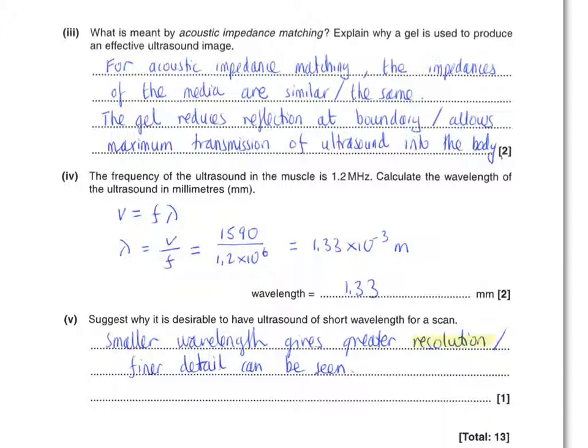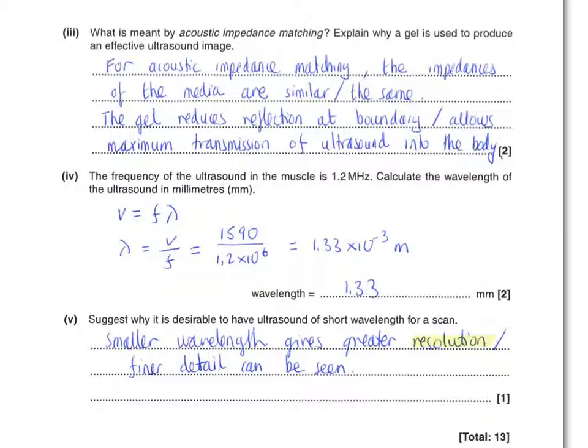Next, a straightforward calculation. The frequency of ultrasound is given in megahertz. We're asked for the wavelength in millimeters. So just watch out for your handling of units. You're using the wave equation. Rearrange, that gives the wavelength is the speed divided by the frequency.